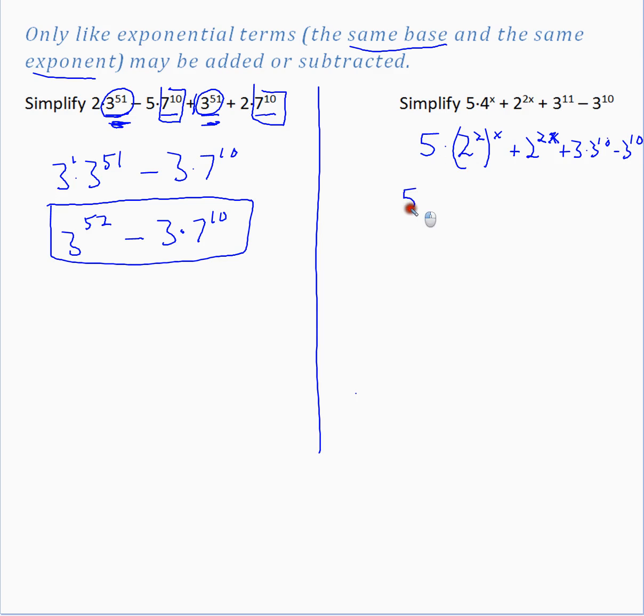Doing some more simplifying as we work across here. When we have a power raised to a power, we multiply those, so we have 2 to the 2x plus 2 to the 2x. And I'll just rewrite these for right now, and we'll simplify them in the next step. So we have like terms here because we have 5 of these plus 1 of them, because this is like a 1 times this.